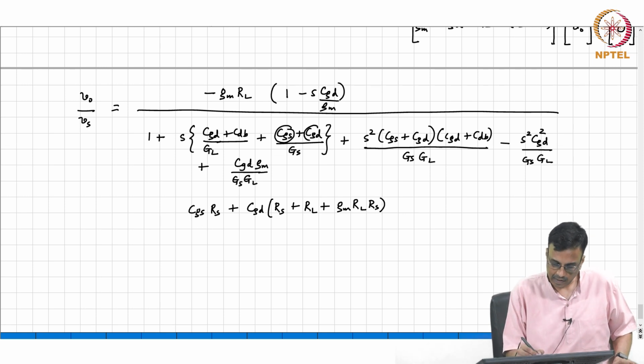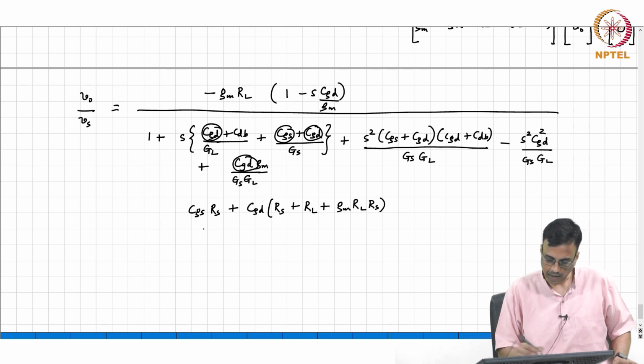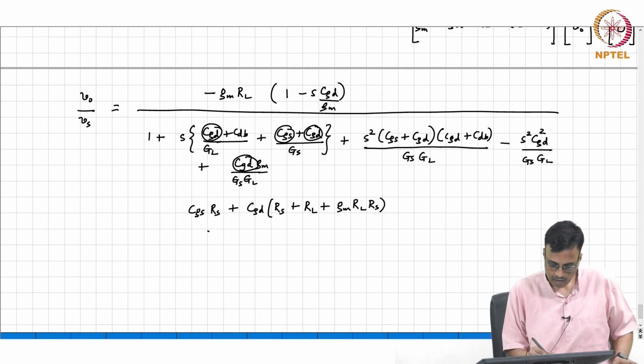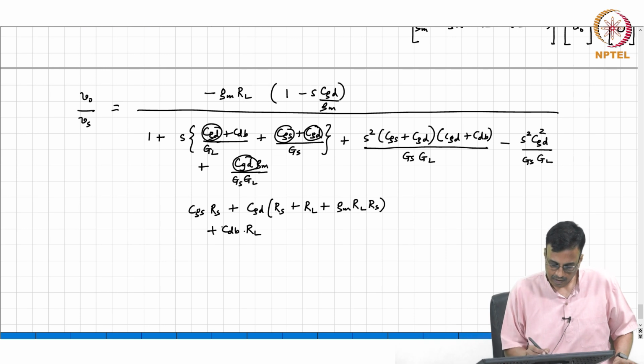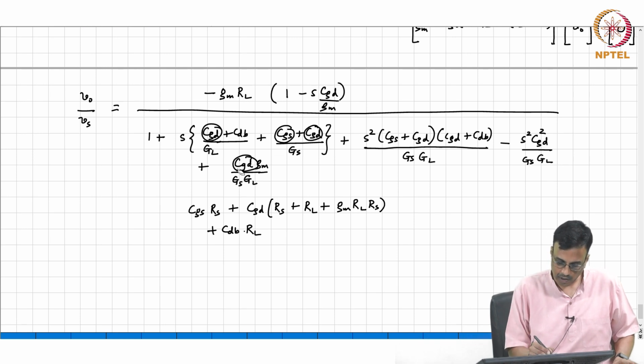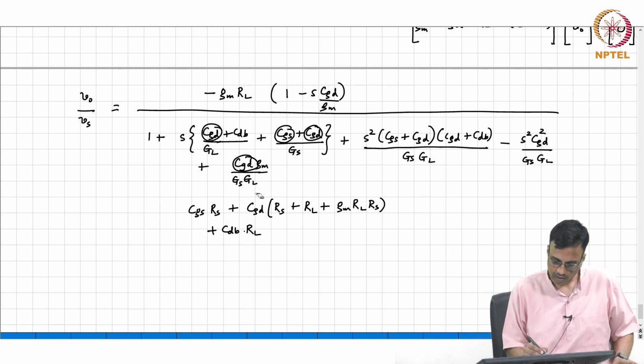Okay, so that basically takes care of these three terms, plus CDB times RL.